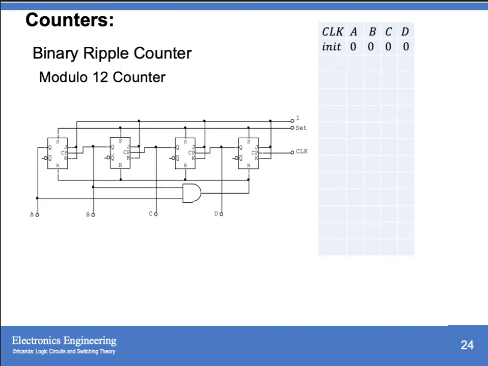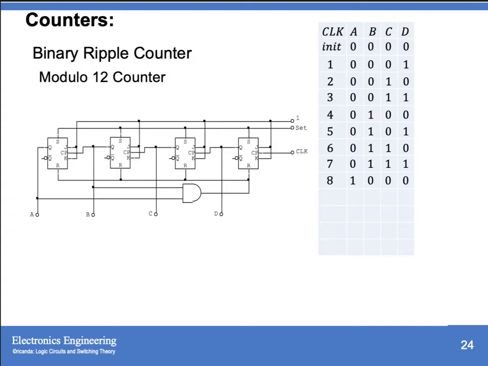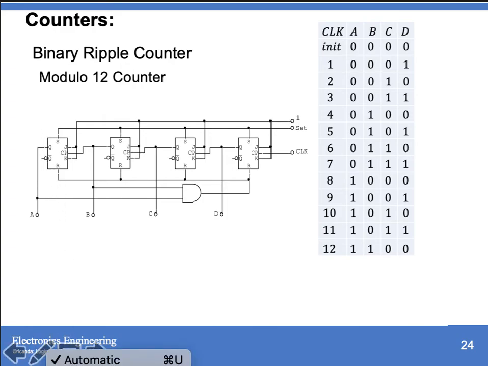Then we have a modulo 12 counter. So we have 1, 2, 3, 4, 5, 6, 7, 8, 9, 10, 11, and 12. So at 12, we have now a 1 here, 1, this is 0, and this is 0.